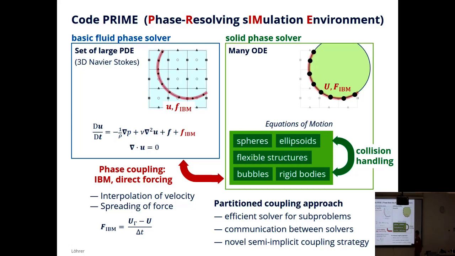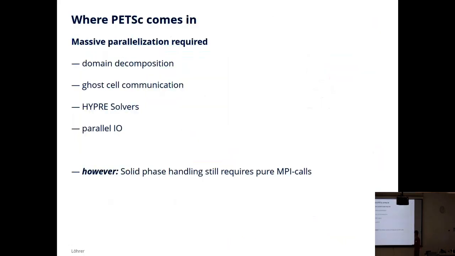So how do we use PETSc? We need massive parallelization, and that's where we use PETSc for domain decomposition. We usually decompose our domain into cubish-like subdomains. We do ghost cell communications using PETSc calls.